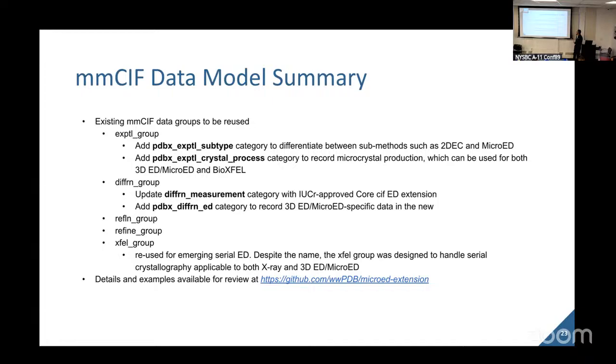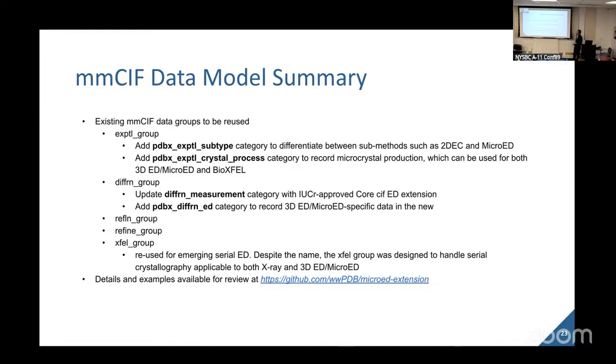Just to summarize the major updates: for the EXPTL group, which is for experimental description, we're going to add a subtype to differentiate between 2D crystallography and 3D MicroED. And we're going to add a crystal process to record microcrystal production, which usually happens after the crystallization process.